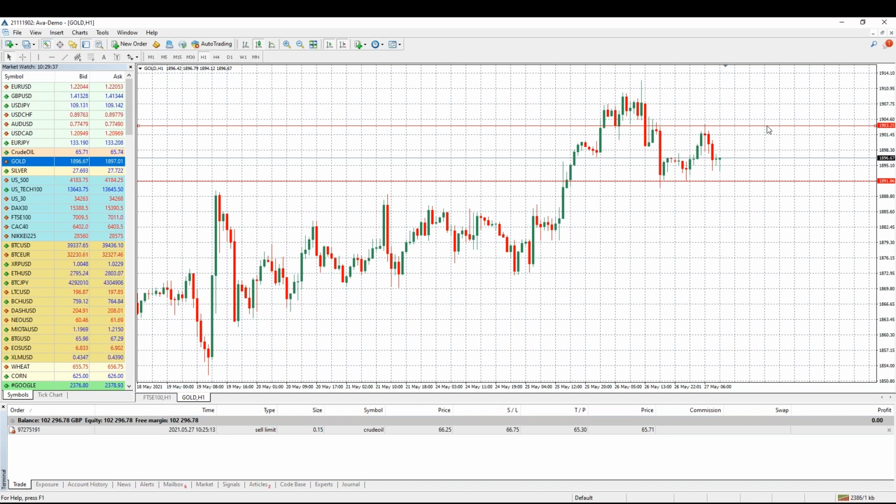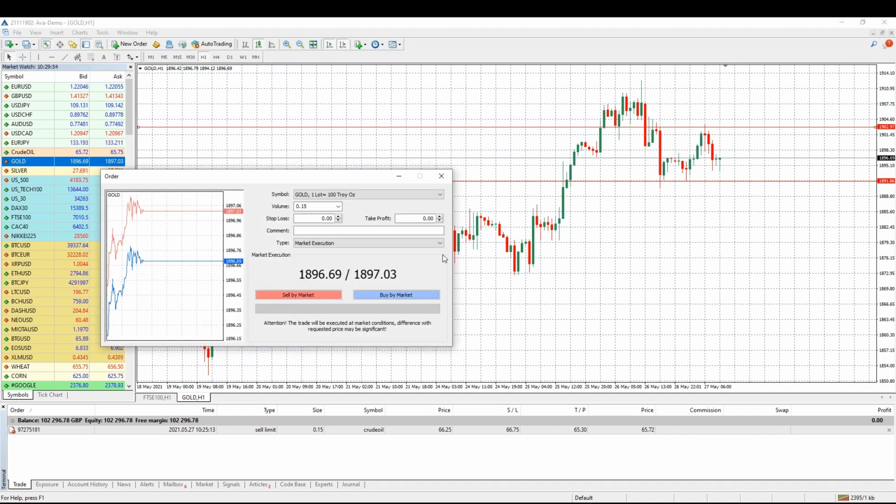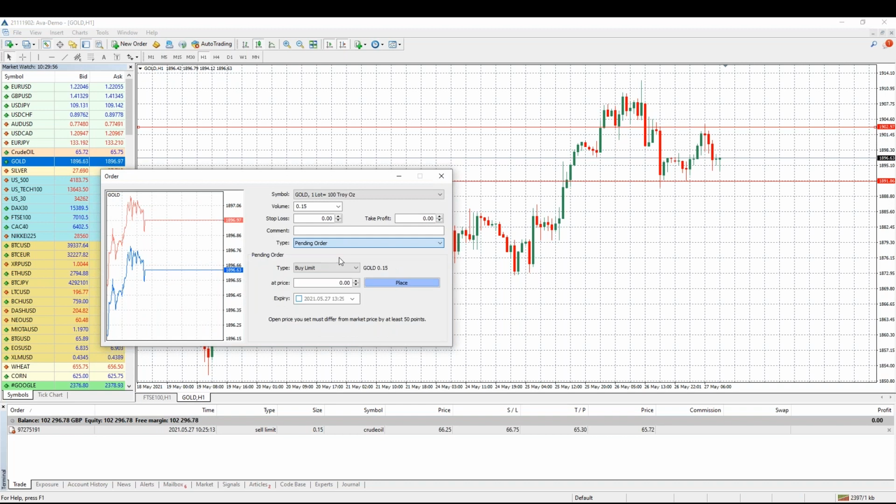So if you want a more likely chance at taking a shot at selling on gold from a higher point, you might say, okay, if it hits 1900, I sell. Because there's a resistance level right here at 1902, 1903. So again, you could set up a pending order. That's a sell limit if you're selling from a higher point.